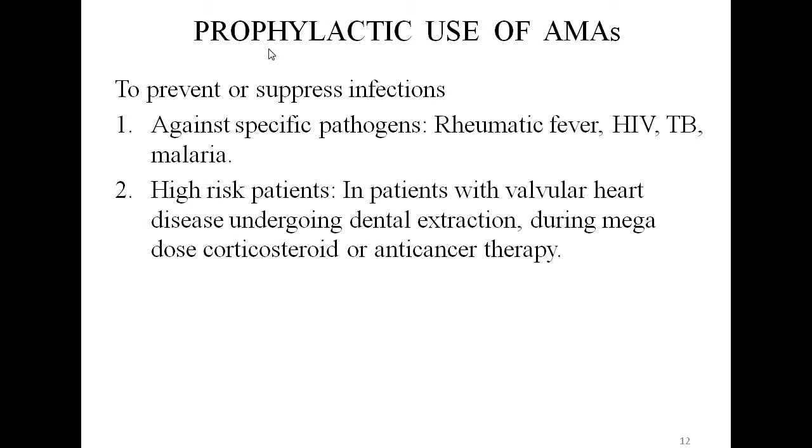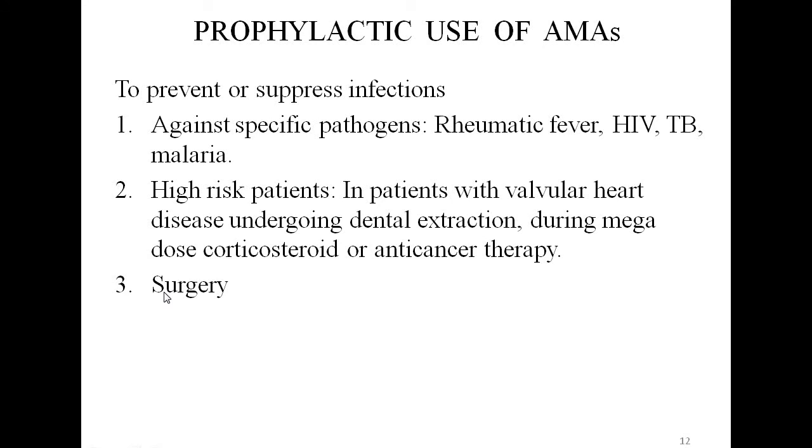The second situation where antibiotics are prophylactically used is in high-risk patients. For example, in patients with valvular heart diseases who are undergoing dental extraction, or in patients who are undergoing anti-cancer therapy, or during mega-dose corticosteroid therapy, or in a patient who has undergone organ transplantation and is receiving immunosuppressants. These are all high-risk patients.